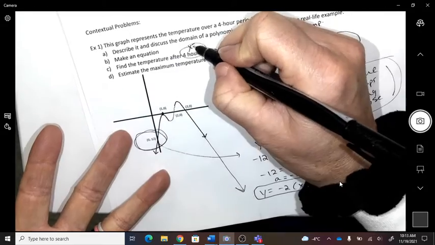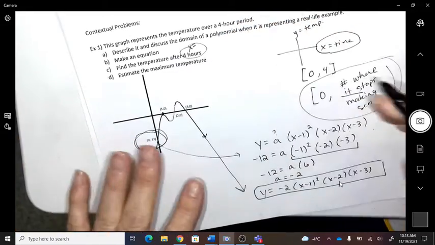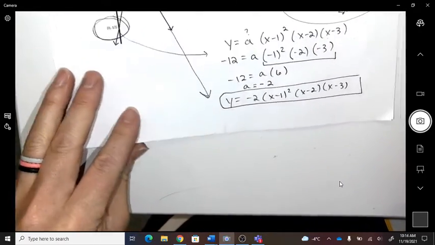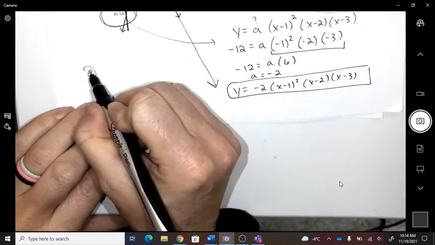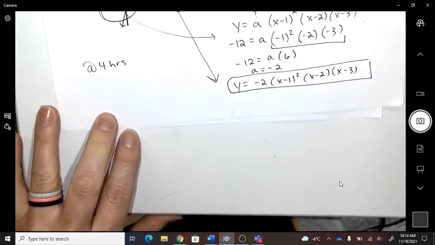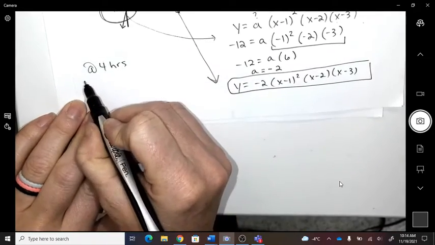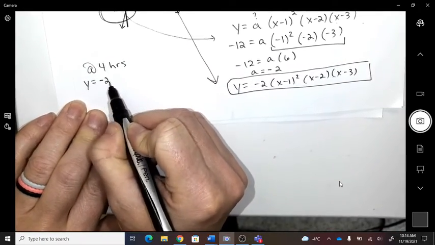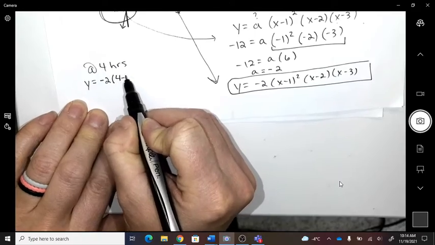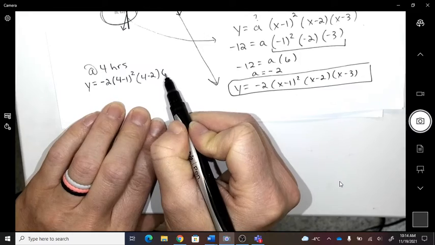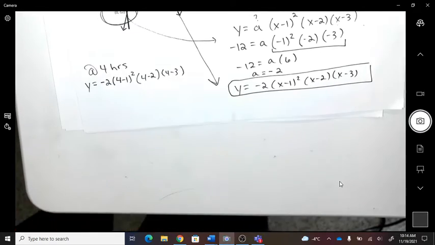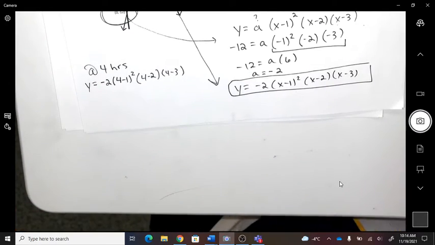It's an x. So if I know x is 4, what could I do? Plug it in. So at 4 hours, the temperature equals -2 times (4 minus 1) squared, (4 minus 2), (4 minus 3). Okay, so I'm replacing x with a 4 because that's at 4 hours.